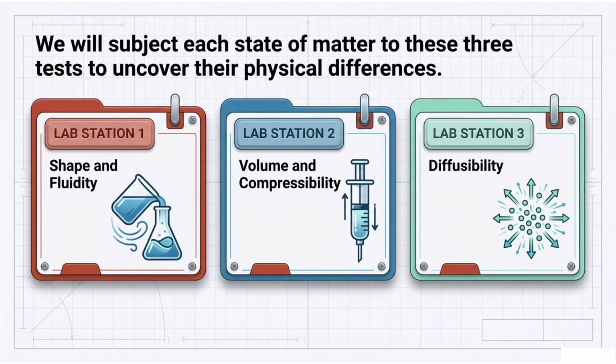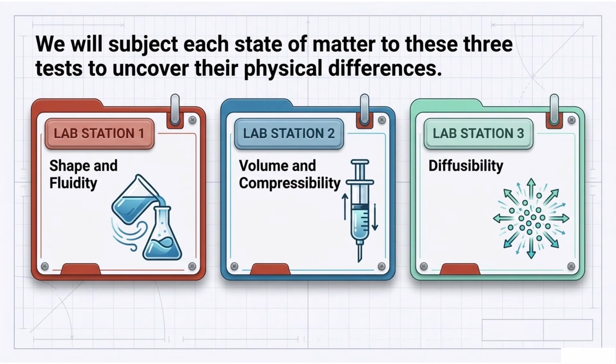Then we will learn the properties of the matters. The first property is called shape and fluidity, and volume and compressibility and divisibility. We talk about these properties in details.